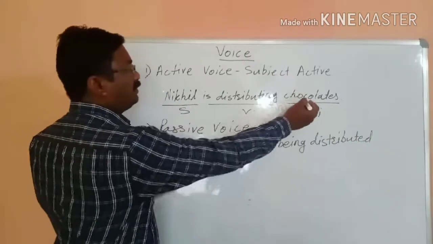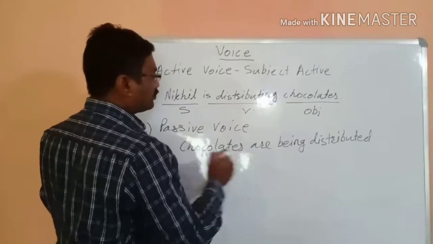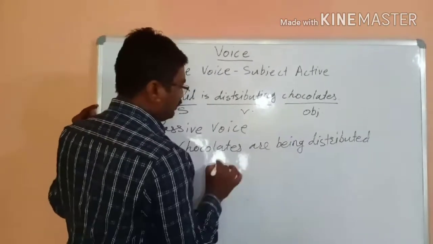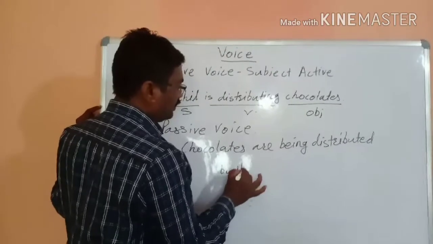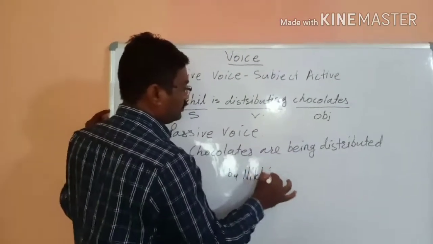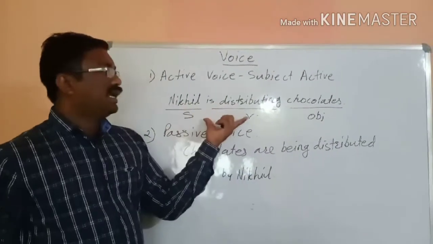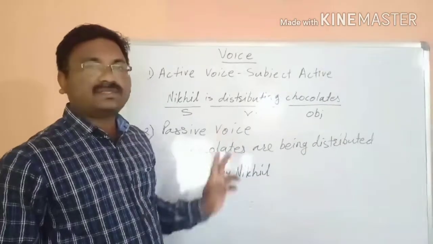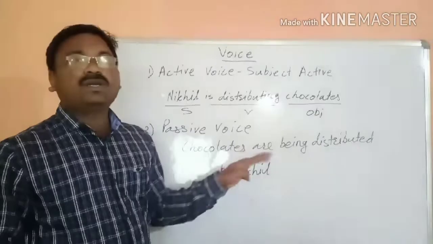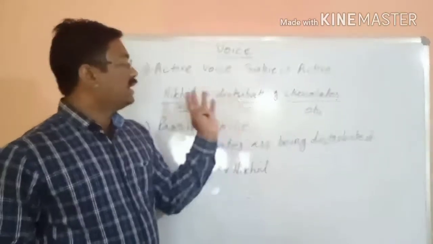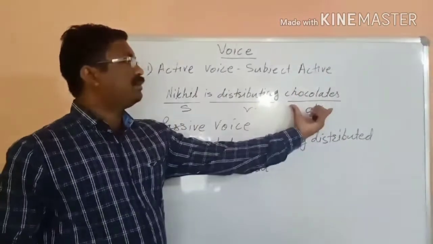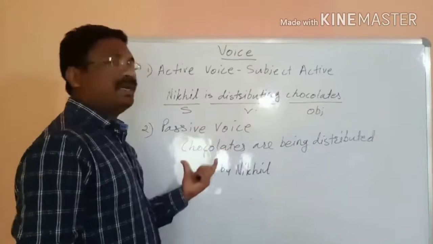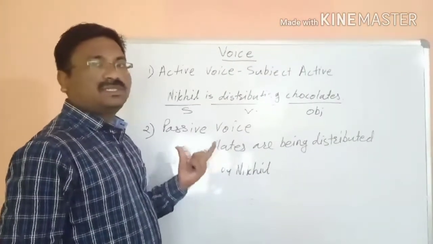So the object becomes the subject. Chocolates are being distributed by Nikhil. So in active voice importance is given to the subject, whereas in passive voice importance is given to the object. The object in active voice becomes the subject in passive voice. So this is the difference.